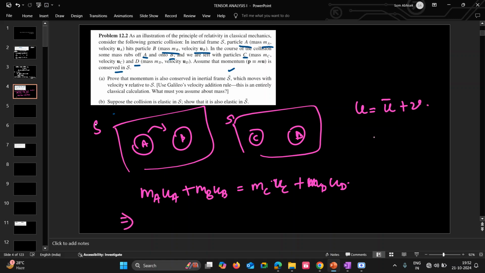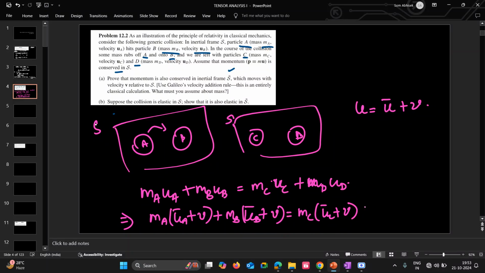So UA will be UA bar plus V. So MA (UA bar plus V) plus MB (UB bar plus V) is equal to MC (UC bar plus V) plus MD (UD bar plus V).